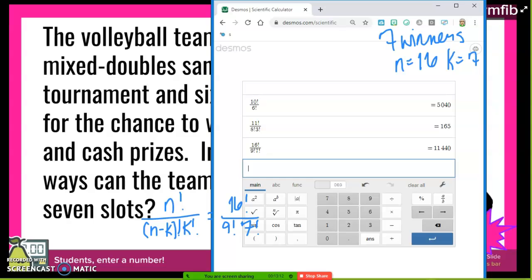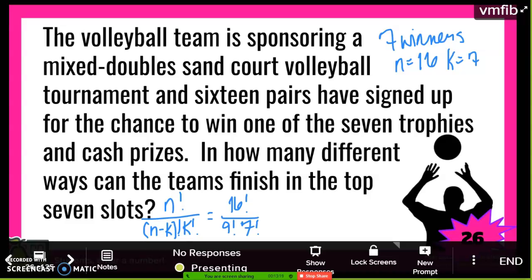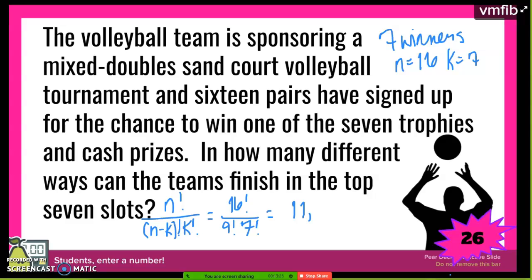You will always notice the combinations are much, much smaller. We had millions. We had 57 million something. Now we have 11,000. Combinations will always be much, much smaller than permutations.